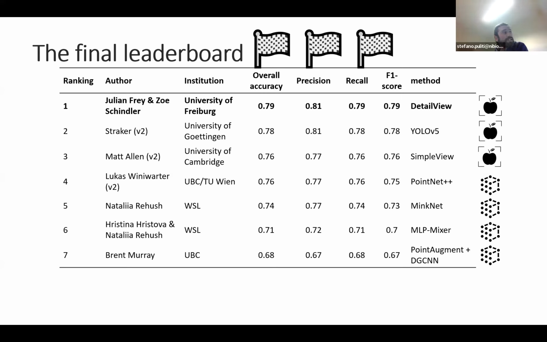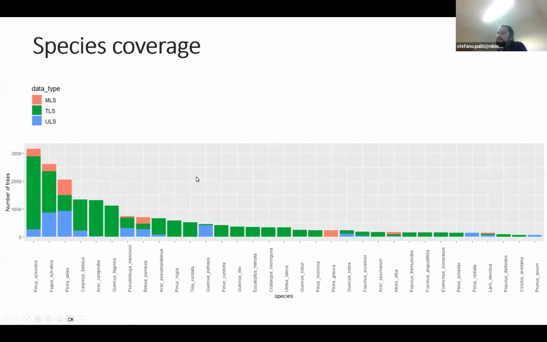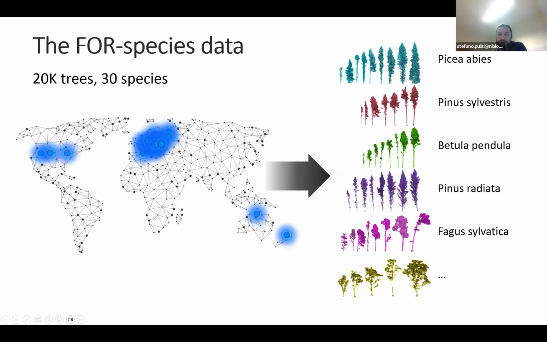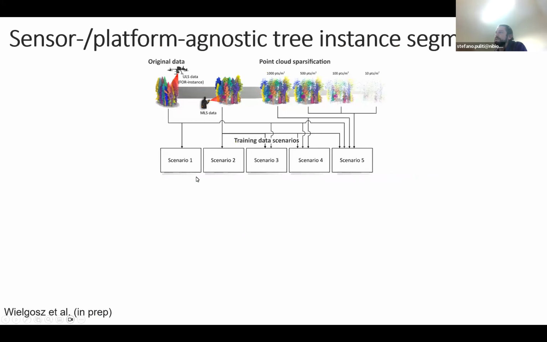I do not know exactly how it would work, but we did thin it to the level of, what was it, the lower end was about 10 points per square meter, which I guess would be somewhat representative. Yeah, no, because it's very difficult to see this. With 10 points per square meter, I guess that would be a similar resolution to what you might have.